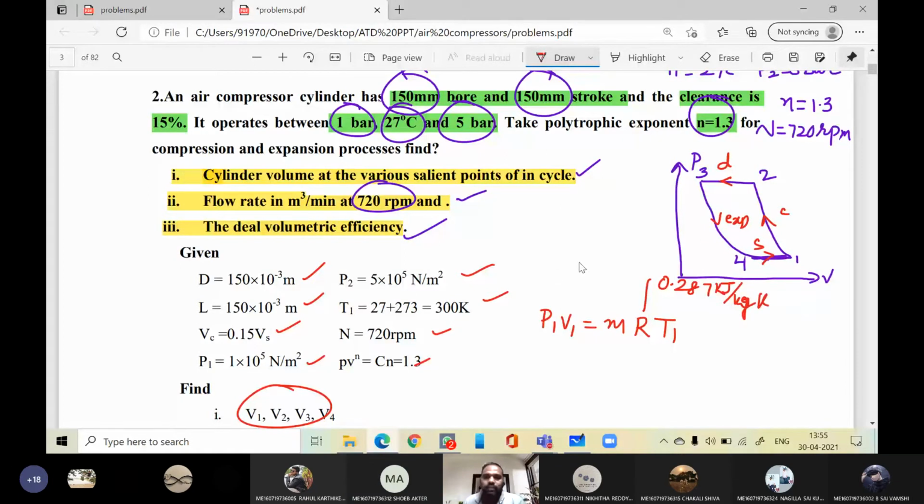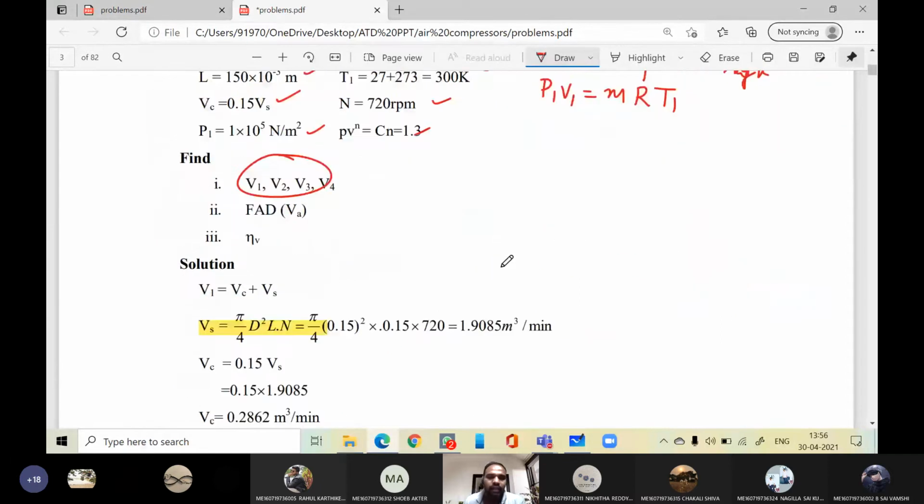Here P1 and P2 are there, V1 and V2 we don't know, and mass is not given, so we can assume unity. T1 is given, so from this we can calculate V1.